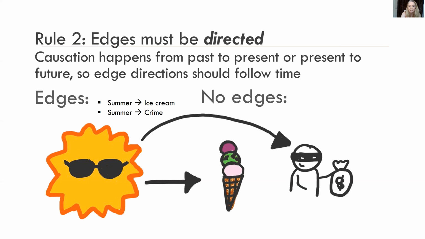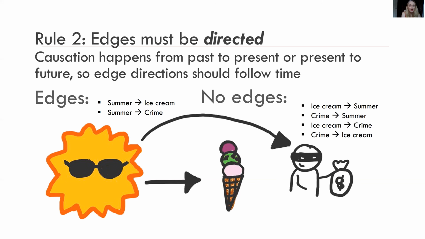Where we don't have an edge, we're assuming that there is no causal relationship. So for example, from ice cream to summer, we have no edge going that way, so no arrow from ice cream directed into the summer. And there we're saying that there is no causal effect of ice cream consumption on summer. You can't make summer come faster by eating ice cream. We're also saying there's no edge from crime to summer.